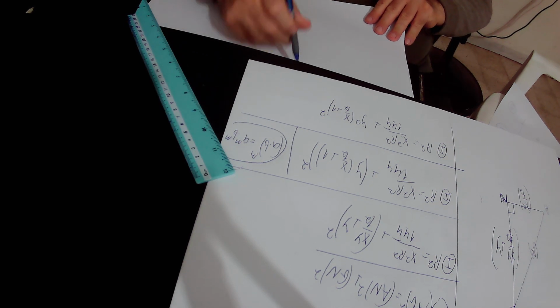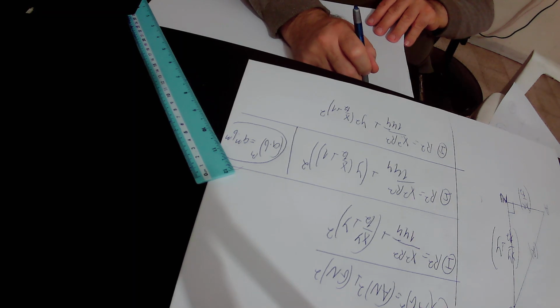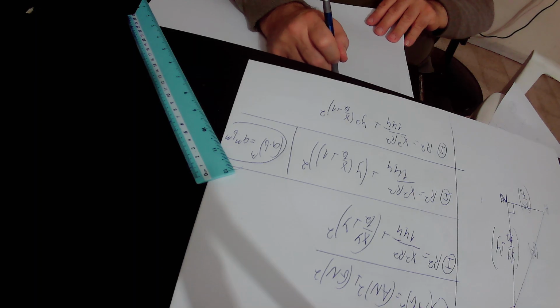And we get that according to equation 1, r square equals x square times r square over 144 plus y square.